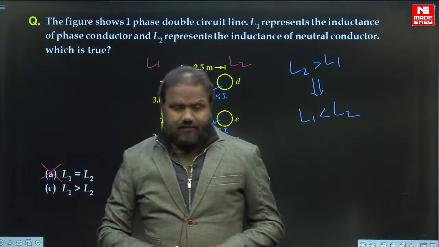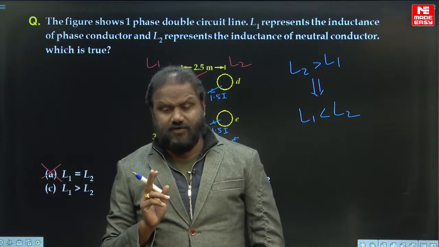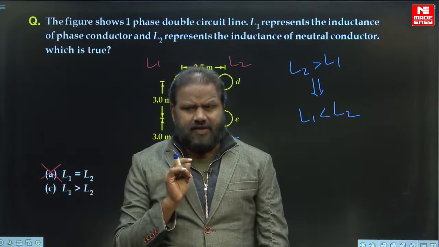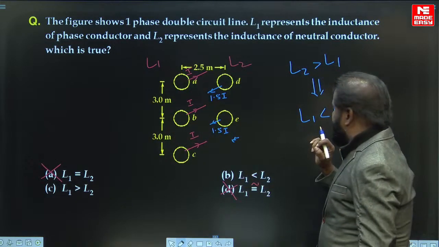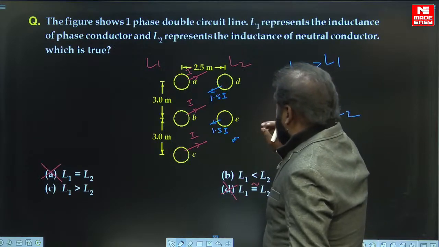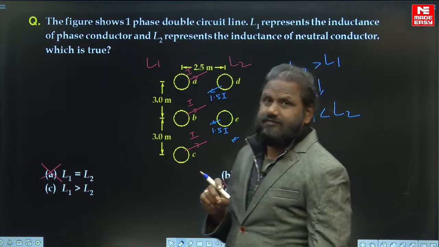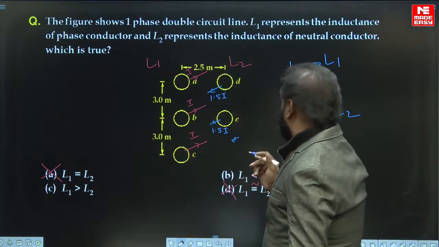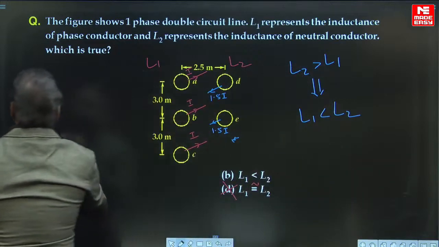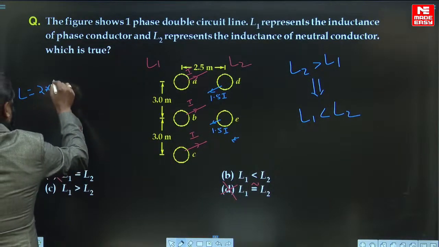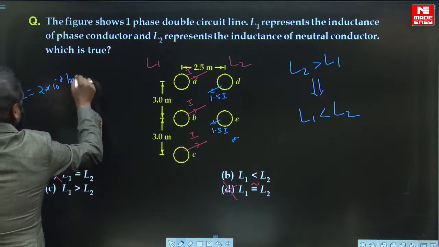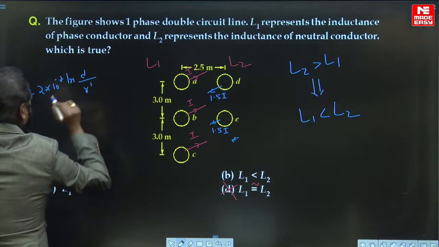See, you can have two things here. As per the formula, L equals 2 into 10 to the power of minus 7 ln(d/r').